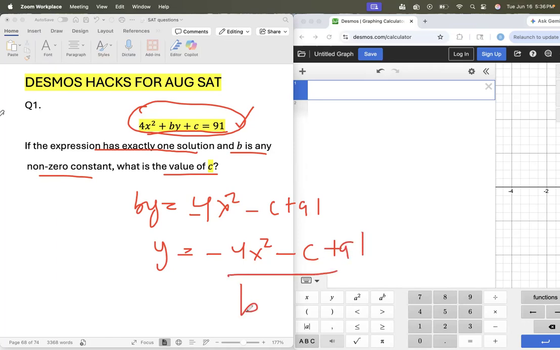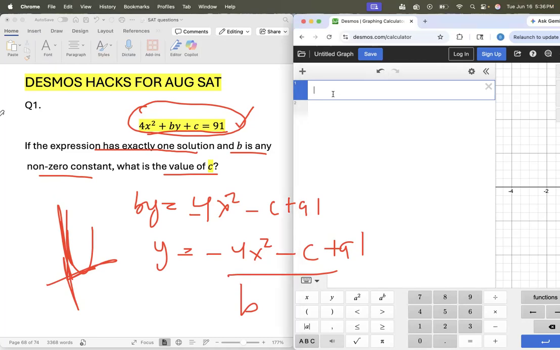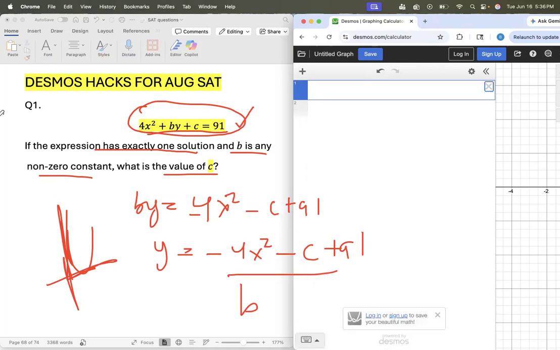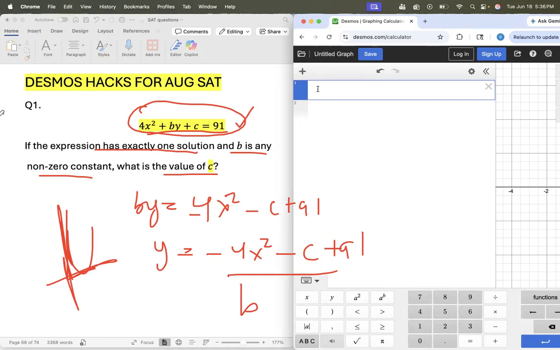Then think about it: if this has one solution, what is going to happen? We need another function. So I'm going to put this in Desmos and make this f of x. So our f of x is this whole function.